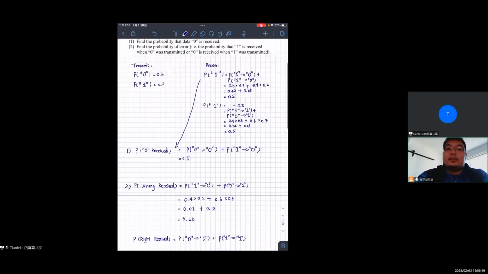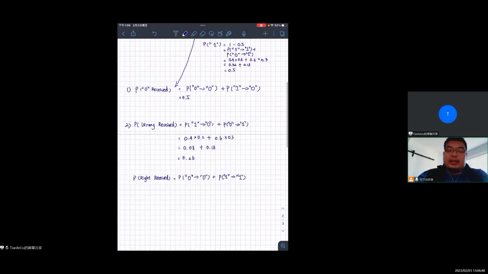Actually, the fun fact I like to test here is that the probability of right received should be 0.74, because it should be 1 minus the probability of the wrong received. I think it's a property of complements, so we can check.